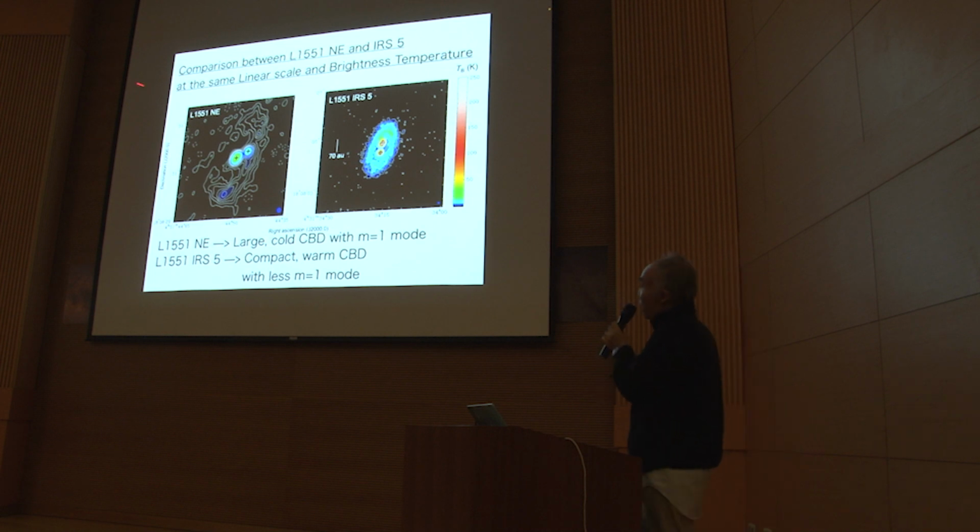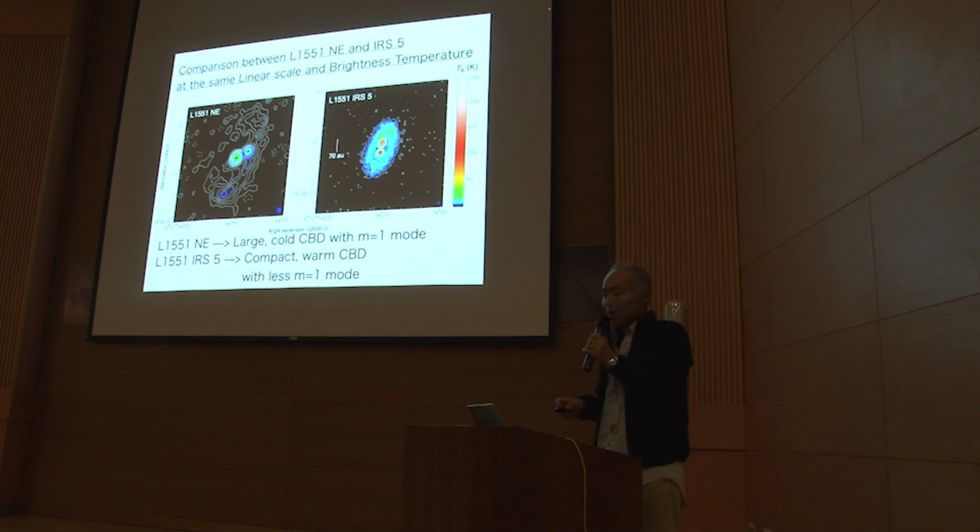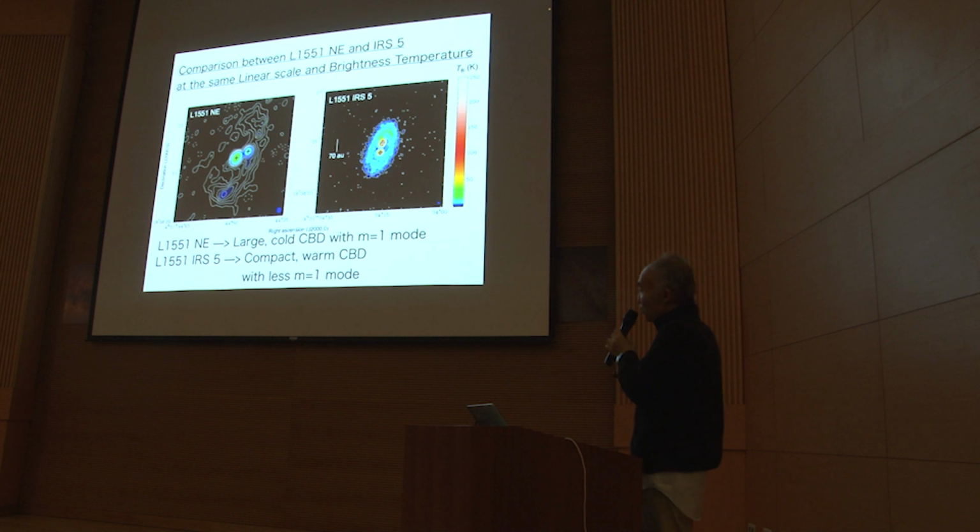In NE, as I told you, there is the m=1 mode, which is not clear in IRS5. IRS5 has clearer two-arm spirals. In IRS5 the circumbinary disk is smaller, but the brightness temperature is much brighter than in NE. So these are two differences.